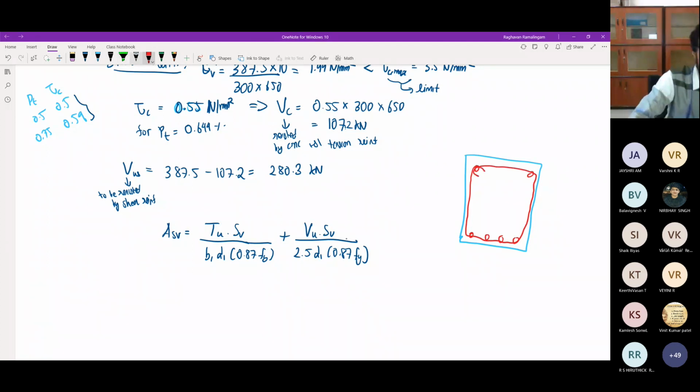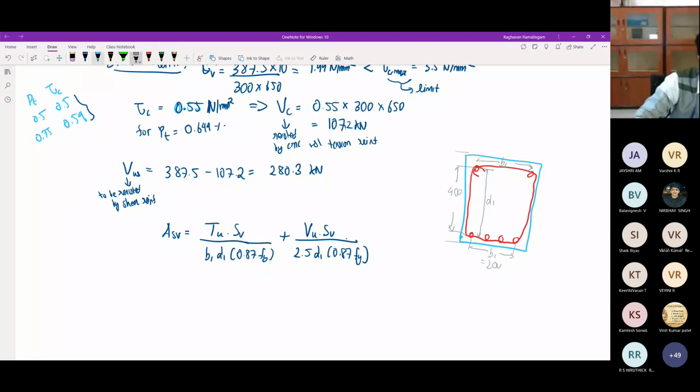Basically the stirrup is a rectangle, and the center-to-center distance of that rectangle is b1 and d1. I assume 50 mm clear cover on this side and this side, so this will be 400 and this will be 200. So 400 and 200 are the values of b1 and d1.